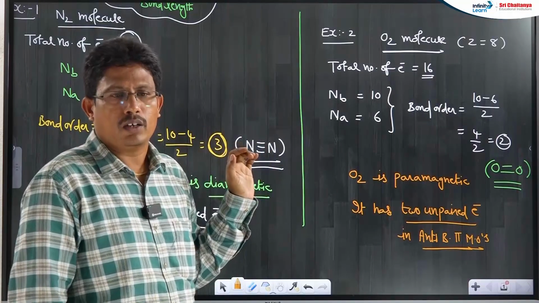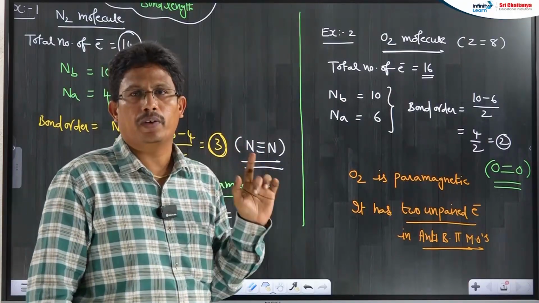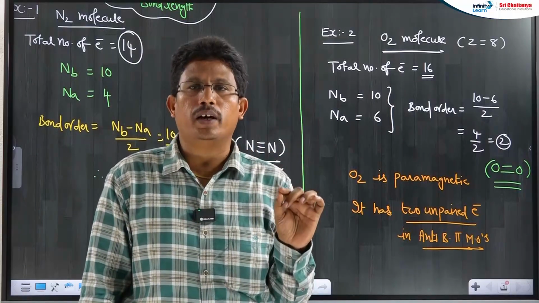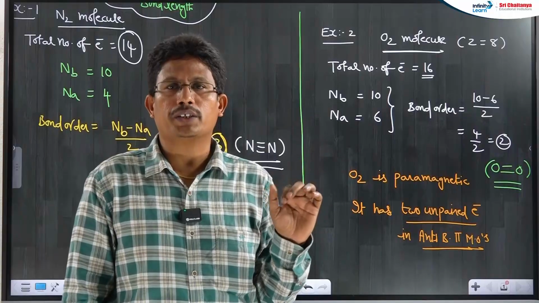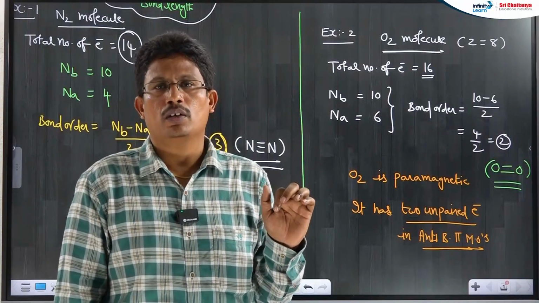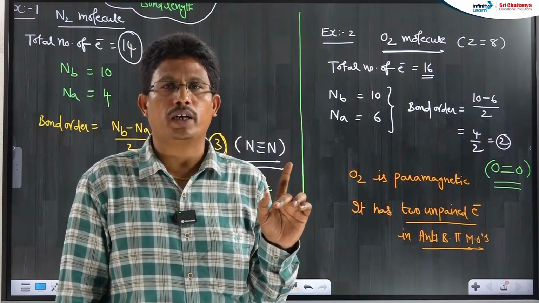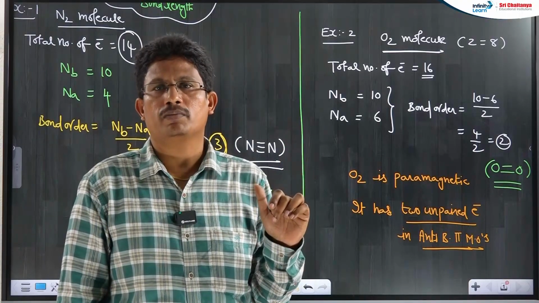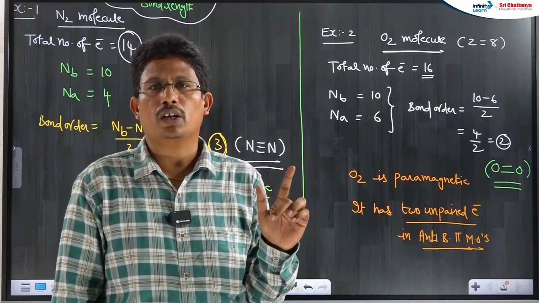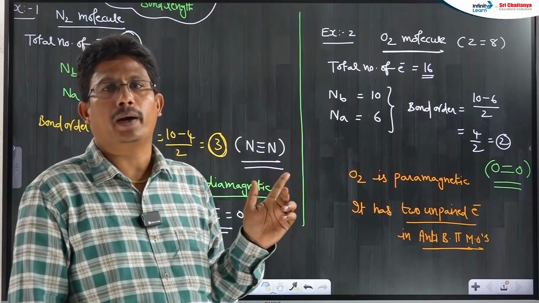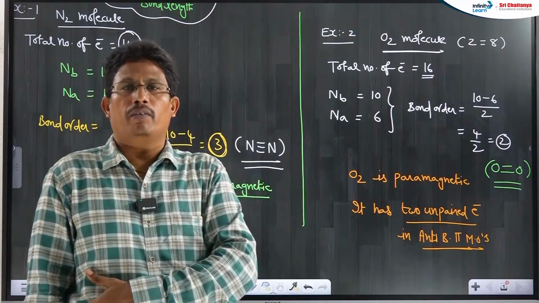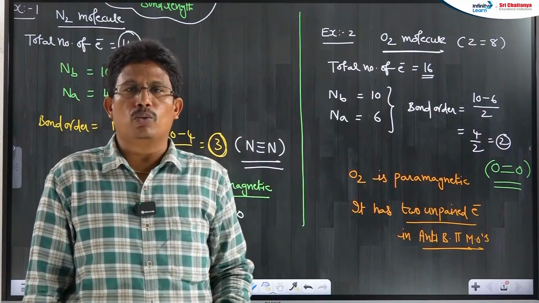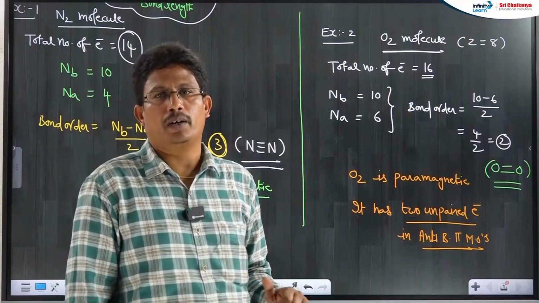N2 and O2 molecule. How to write the configuration in N2 molecule and O2 molecule? What is the difference between the configurations of N2 and O2? You must remember that point, that is while entering 9th electron in N2 molecule, 9th electron enters into pi molecular orbital, whereas in O2 molecule 9th electron enters into sigma molecular orbital.